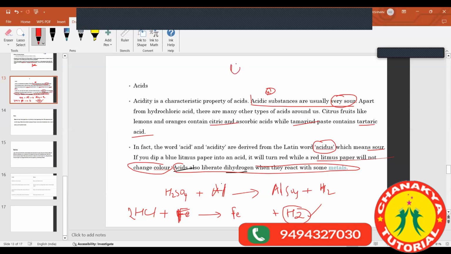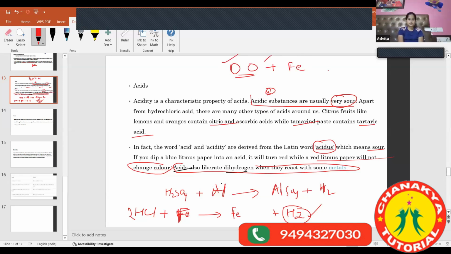Instead of taking one HCl, I'm taking 2 HCl and reacting with one iron. That's all. Two things instead of one thing. It won't change the reaction. It will change something called molarity, the amount.